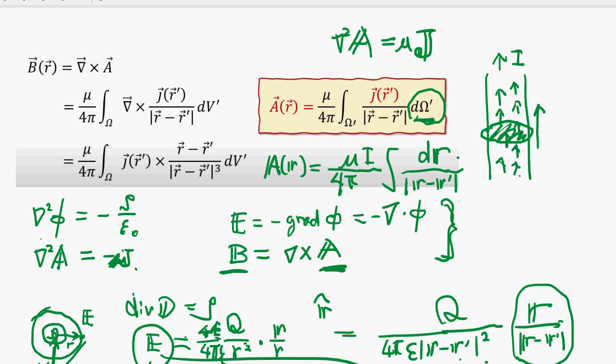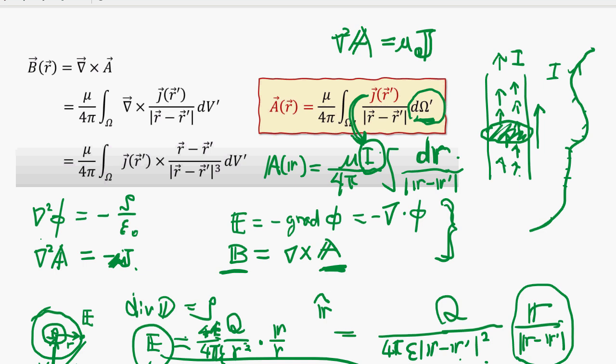The volume integral turns into I, j into I, and the remaining is a line integral. So whatever line the current goes through, the conductor line, you take an integral along this. Okay? And that's going to be the total.